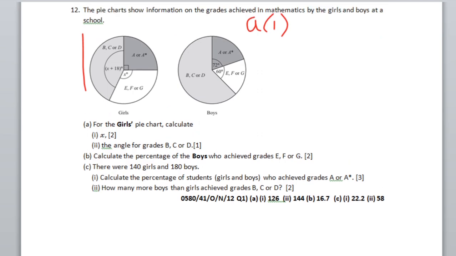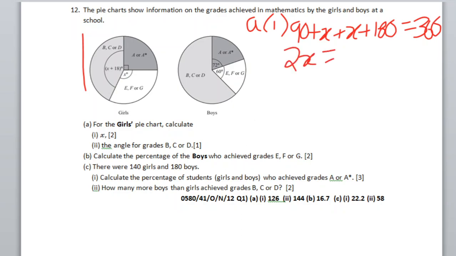We have a 90 degree angle, then we have angle x, then we have angle x plus 18, and these angles should sum up to 360 degrees.